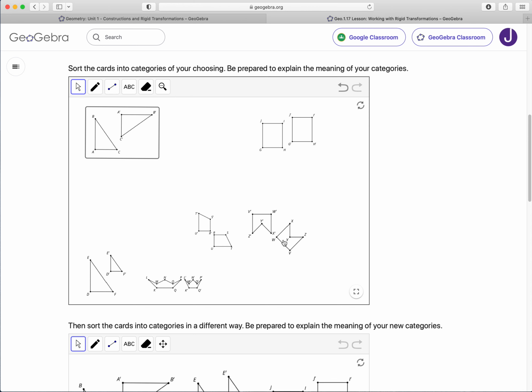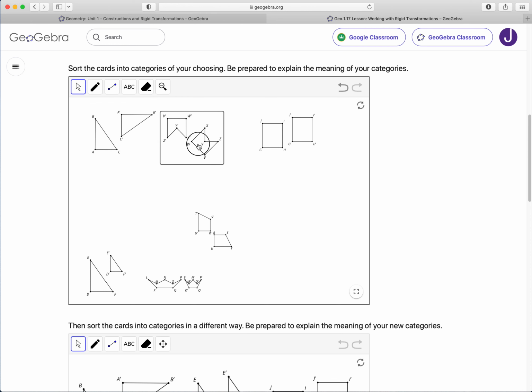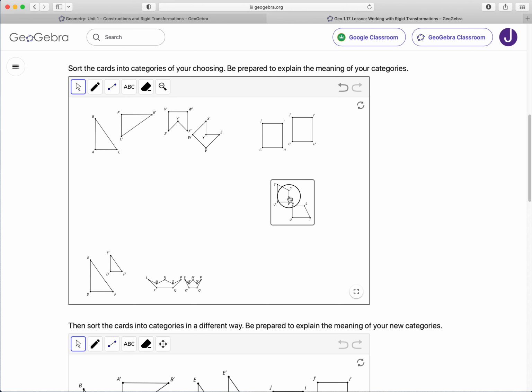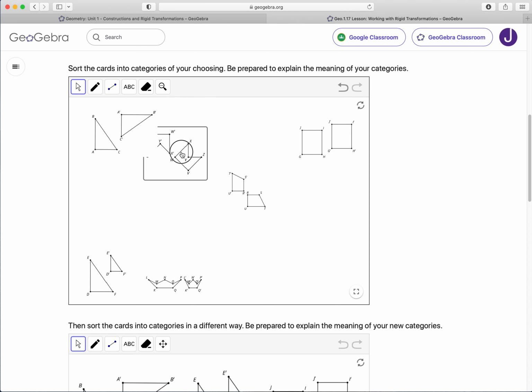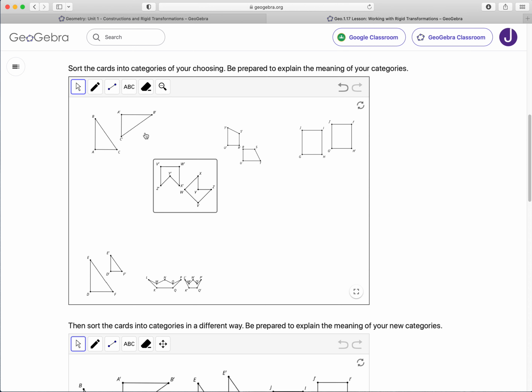And this looks like the same thing. This is also a slide and a turn. And this looks like a reflection. So you could just say that all these up here are all rigid transformations, and these down here are not rigid transformations, right? That would be one way to do it.